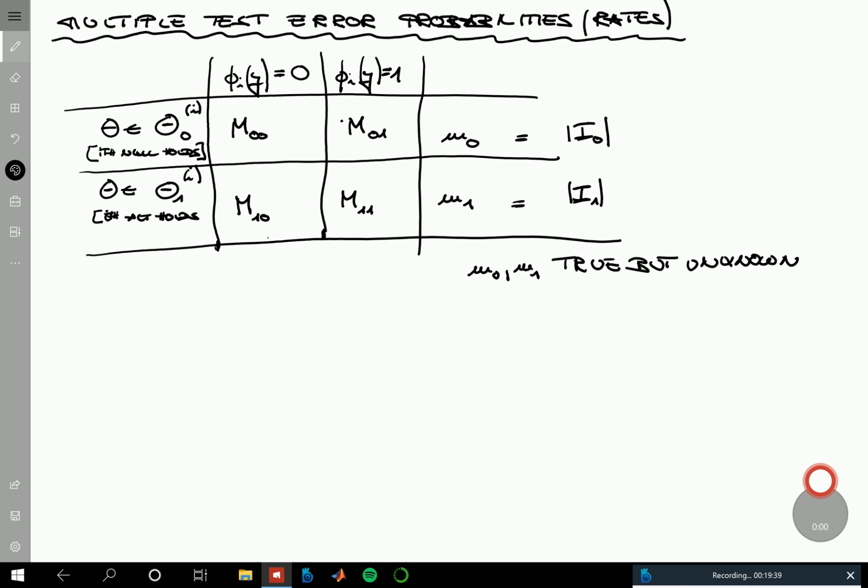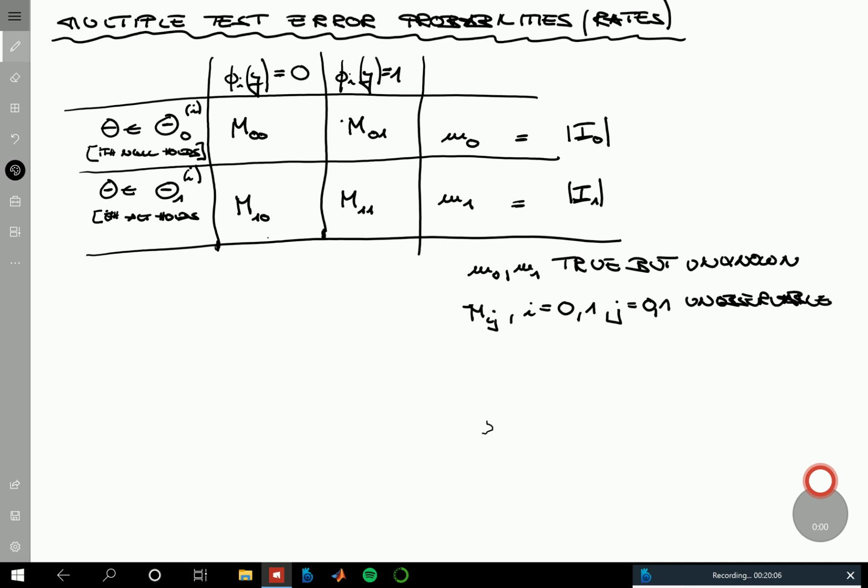So they are true but unknown, so they are not observed. The other thing that is not observed are these values M_ij for i, j in 0, 1. So these are unobservable random variables.